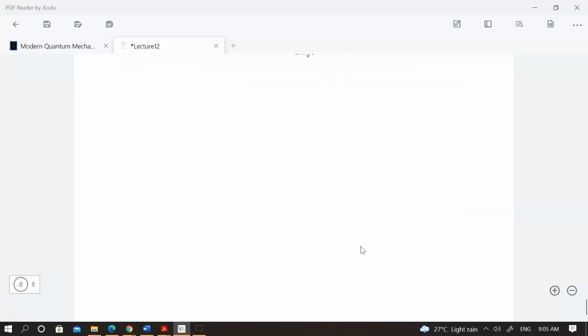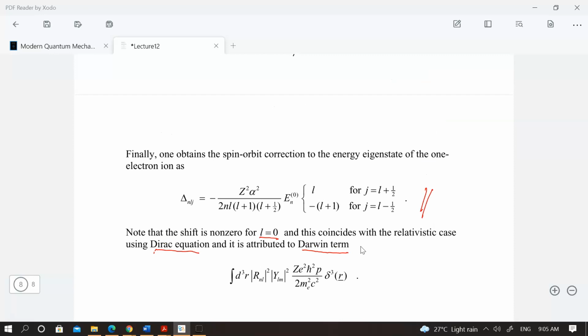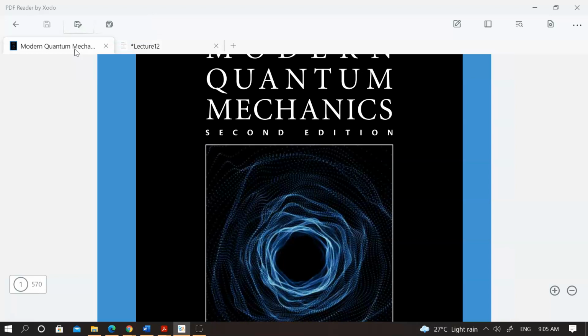That is as far as how much my notes are there. So the next thing that one needs to do is I have to use the book instead because I have not prepared the notes.